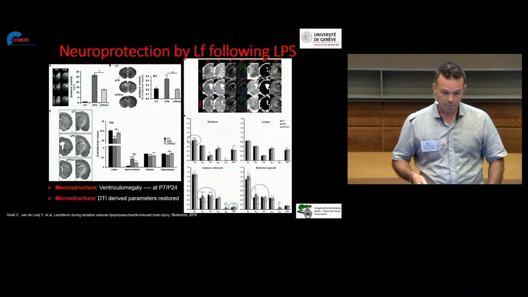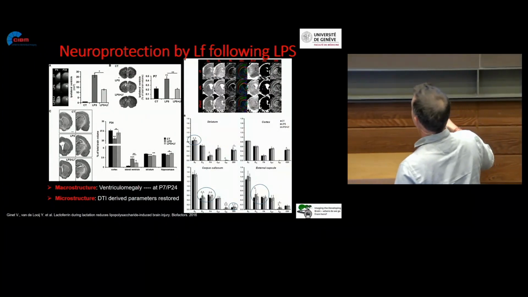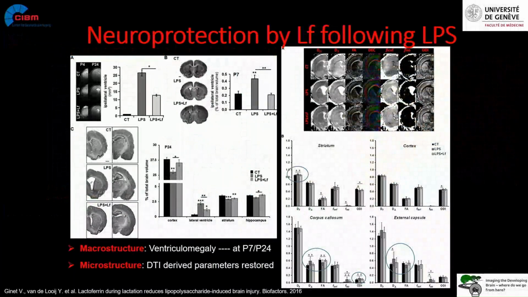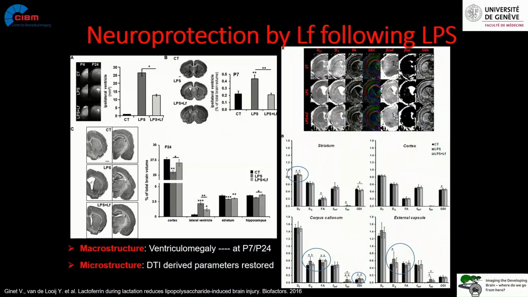We also performed some T2 weighted images to quantify the size of the ventricle. So we have ventriculomegaly that was reduced by the effect of lactoferrin, and also with NODDI we looked at the microstructure, and we see in the different white matter and gray matter regions that we have some parameters that were restored with the effect of lactoferrin.